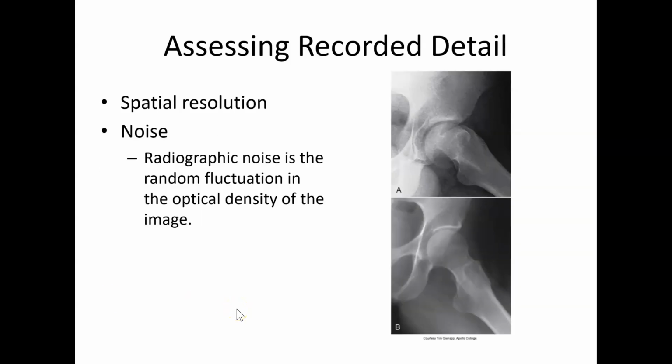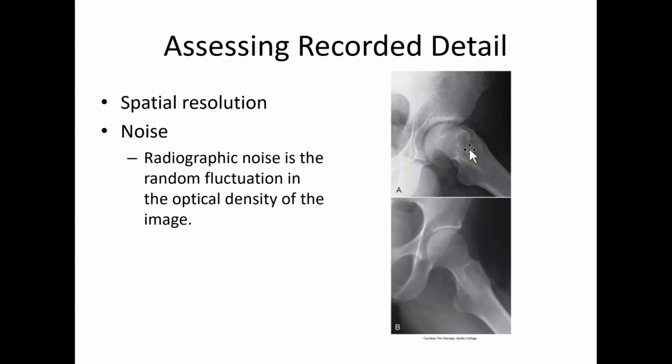Now, what about spatial resolution? Remember, that's another term for detail. One of the factors in being able to see detail is noise. So one of the causes of noise is quantum mottle. And if you remember, the definition of quantum mottle could be photon starvation.